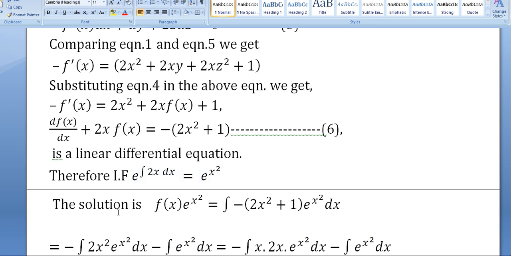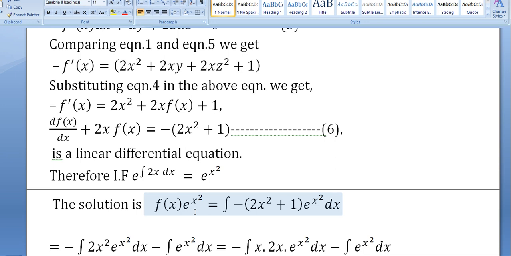Therefore, the solution: when we have the form dy by dx plus py is equal to q, we write the solution as y into integrating factor is equal to integral of q into integrating factor into dx plus c.